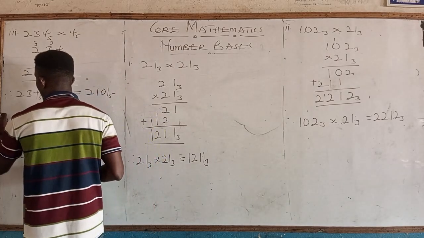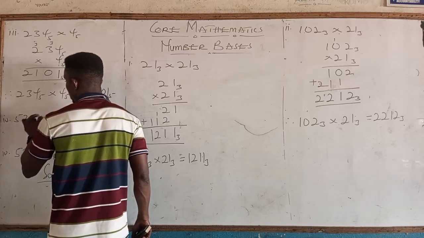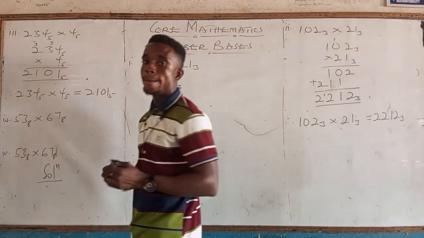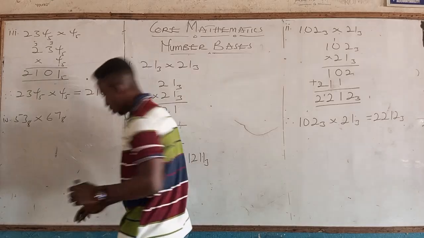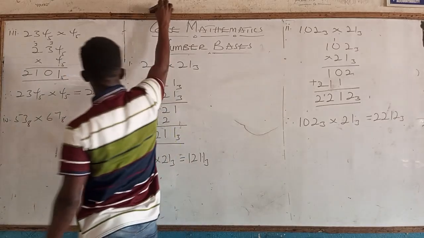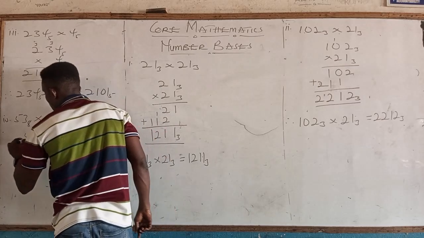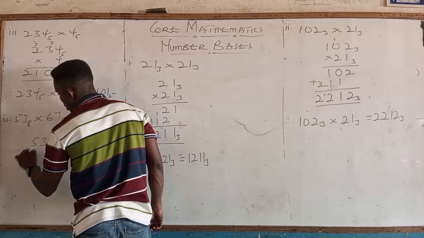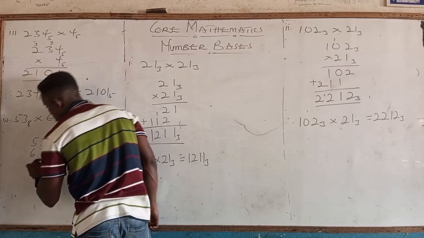So ID, that one too is 5, 3, base 8 times 6, 7, base 8.